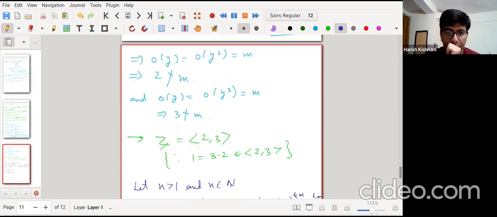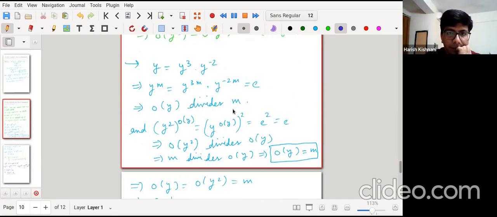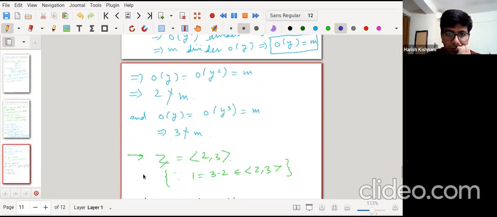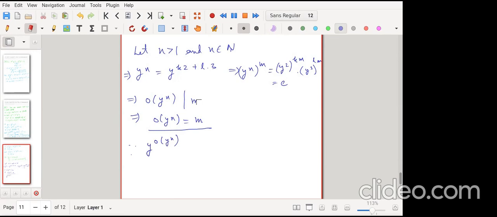How? Using the same trick, or let me do it for you again. y raised to order of y^n, whether it will do, say, division, y raised to order of y, whole power n.